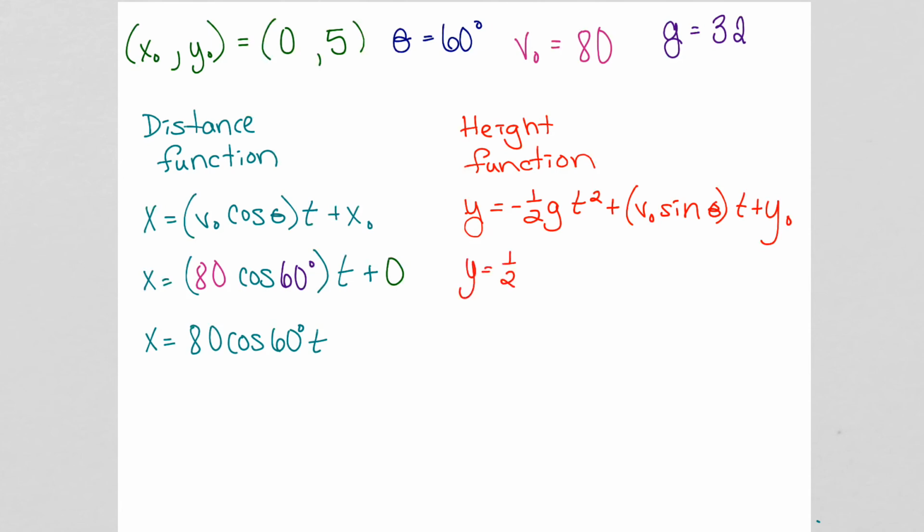So let's plug in all these things. G is 32. V naught was 80. Theta was 60 degrees, plus y naught, which was 5.